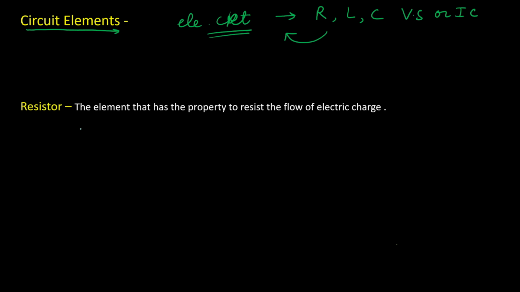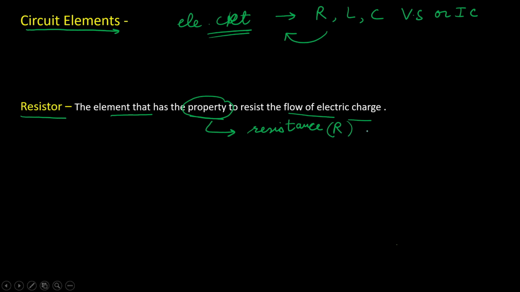The first element we have is your resistor. So what is a resistor? It is an element that has the property to resist the flow of electric charge. The property of resisting electric charge is known as resistance, and it is expressed by the symbol R. This is the basic symbol of your resistor.